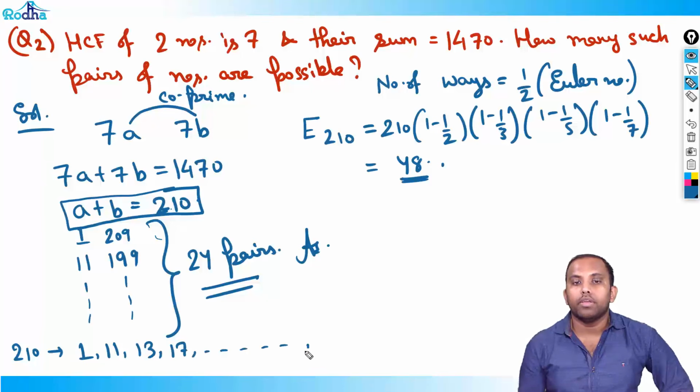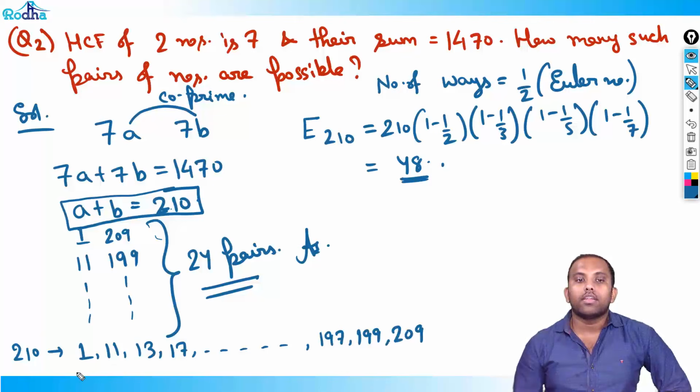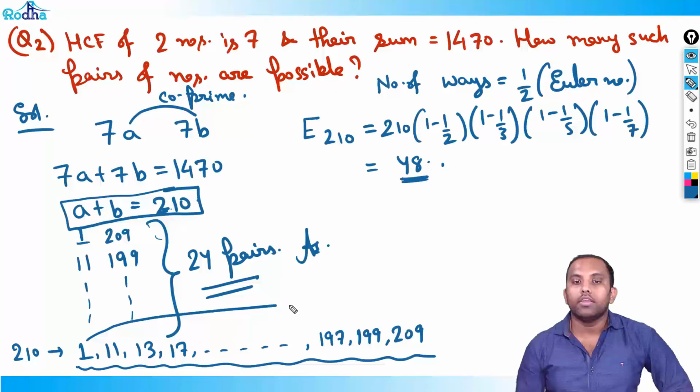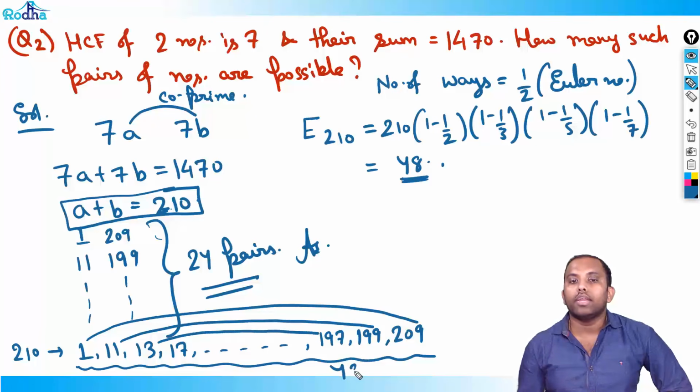And the last numbers will be like 197, 199, 209. So these are the 48 numbers, right? So always first plus last. 1 plus 209 is 210. 11 plus 199 is 210. 13 plus 197 is 210, right? So like this, there are 48 such numbers.